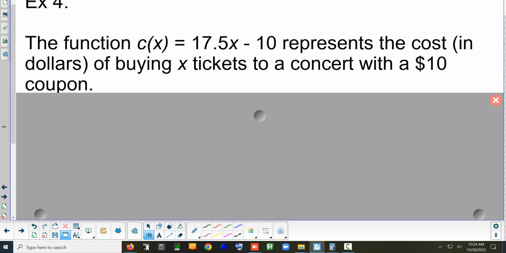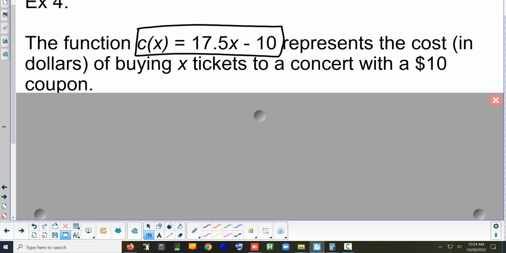So it says that that formula represents the cost in dollars of buying x tickets to a concert, and you have a coupon for $10 off. So if you look at the formula, where is the $10 off your price represented in that formula? Yeah? That's the minus 10. That's the $10 off.